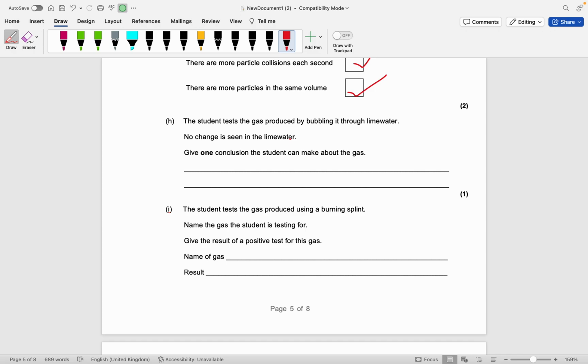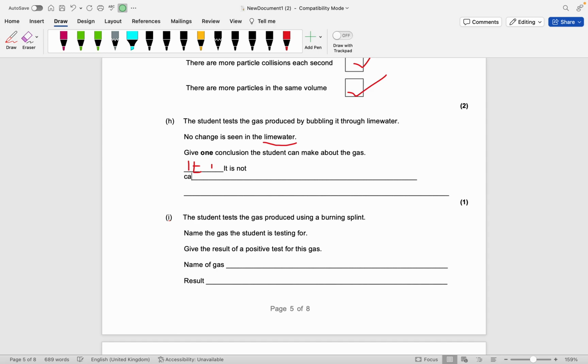The test for carbon dioxide is that it turns lime water milky. So although from this information we don't know what gas it is, we do know, because there's no change seen with the lime water, that it is not carbon dioxide. So we can say we know it is not carbon dioxide.